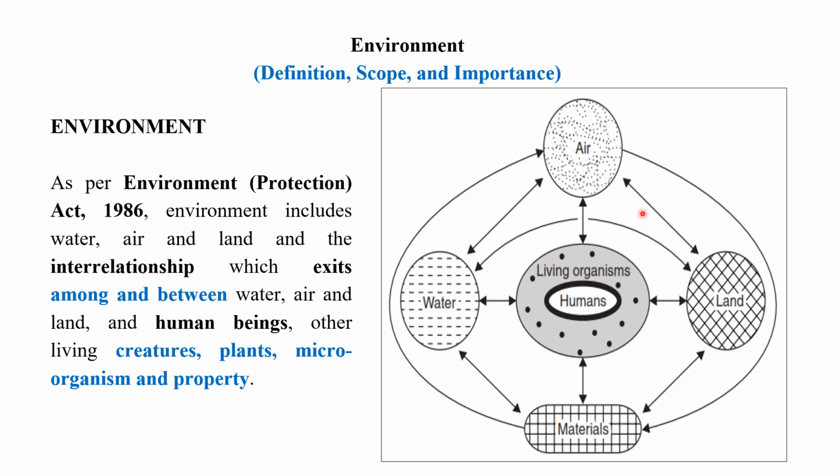Suppose the air is going to be polluted, or water is going to be polluted, or land is going to be polluted. Ultimately, it will have impact on the environment and the human beings. It will have impact on the plants, animals, materials, right? This comes under the environment.